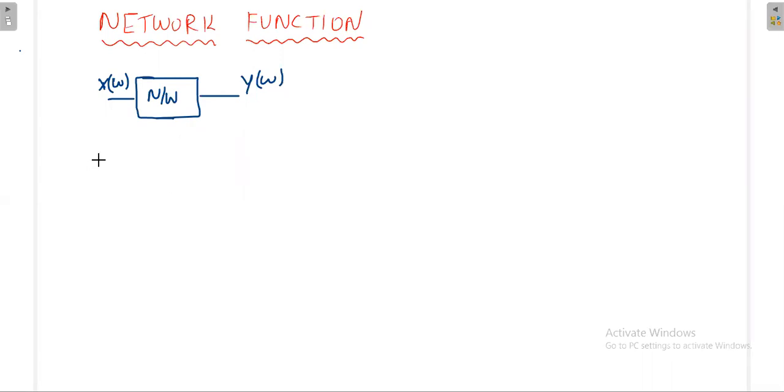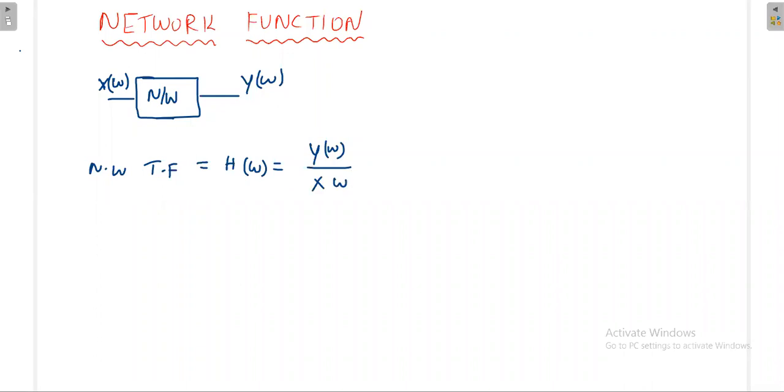Once the network is given, the transfer function of the network we write as h of omega, that is output divided by input.